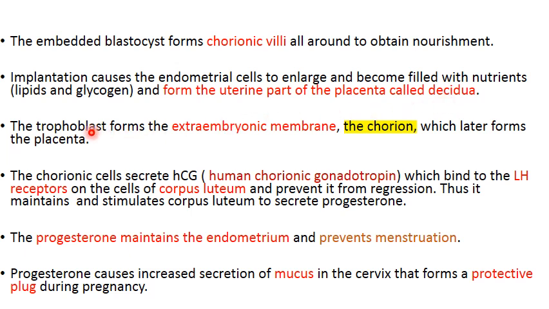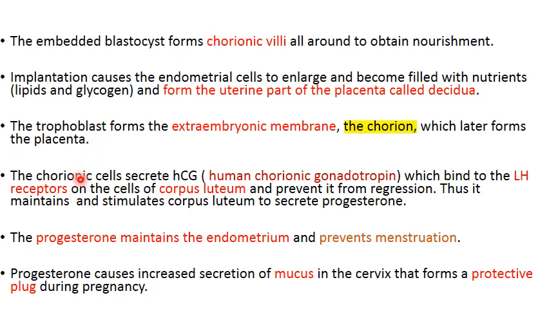What is the function of the trophoblast? As we said in our previous video, they don't form the embryo proper. What they form are what we refer to as extra embryonic membranes, and one of the extra embryonic membranes is the chorion, and that chorion will form the fetal part of the placenta.